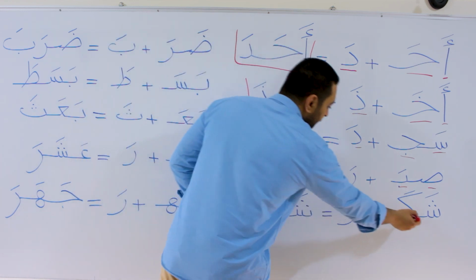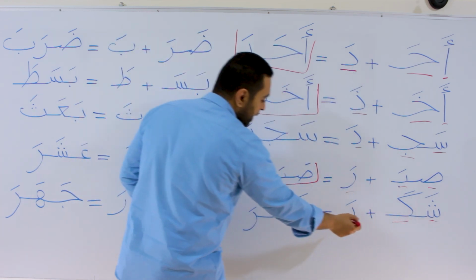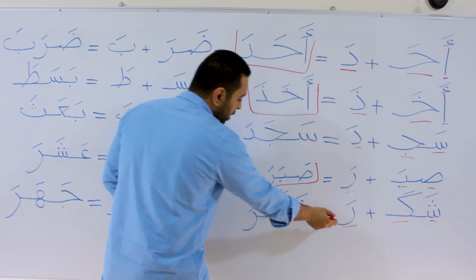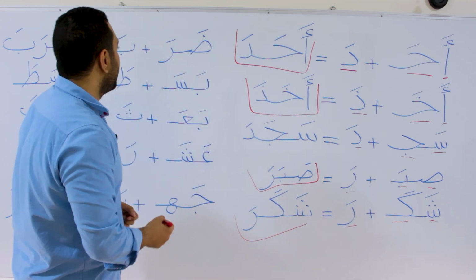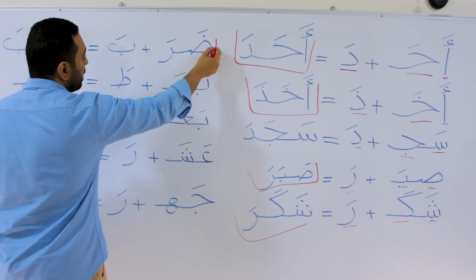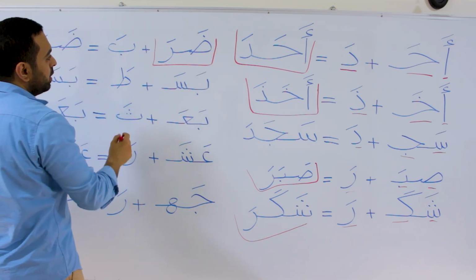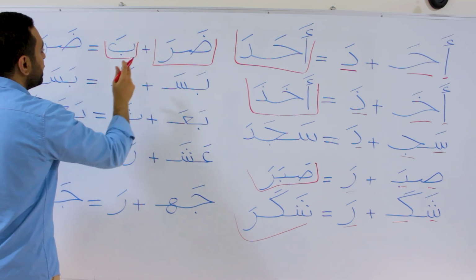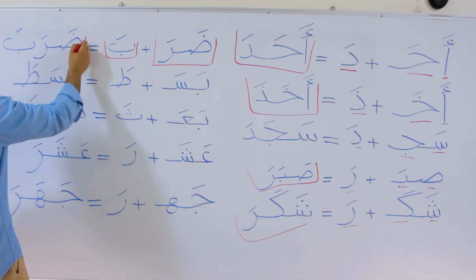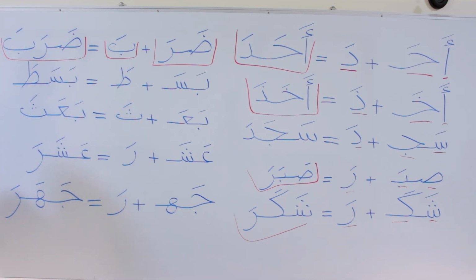Now, if I have sha and then ka, shaka, and then ra, that will give us shakara. If I have da and ra, that will give us dara, and then ba. So we have dara and then ba, that will give us daraba.